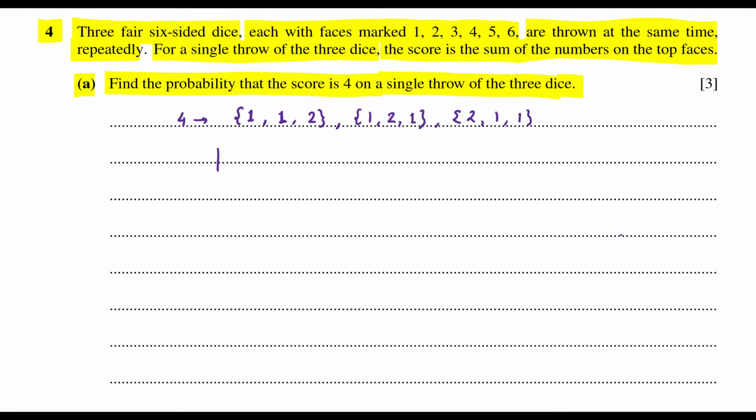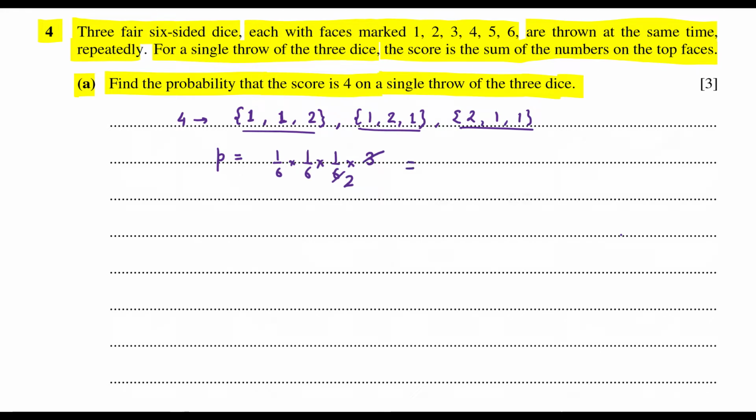So the required probability will be 1 by 6 into 1 by 6 into 1 by 6. Since in all the cases the probabilities are the same and we are going to add them, we can simply multiply by 3 to get the answer.